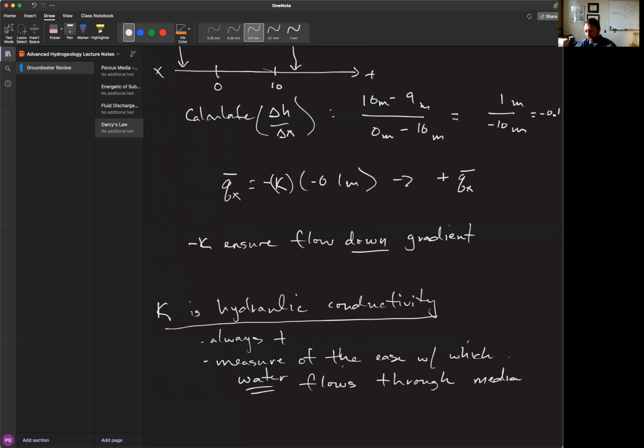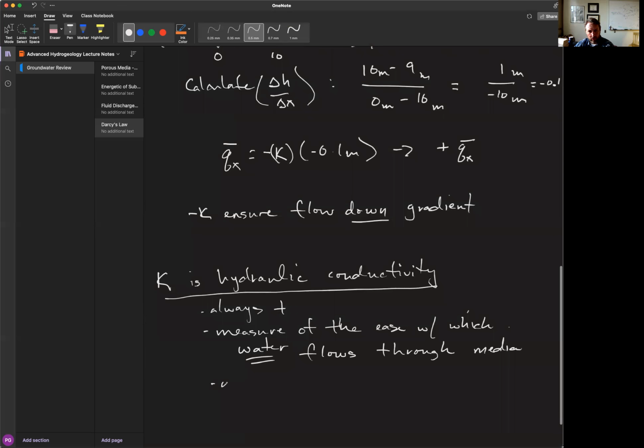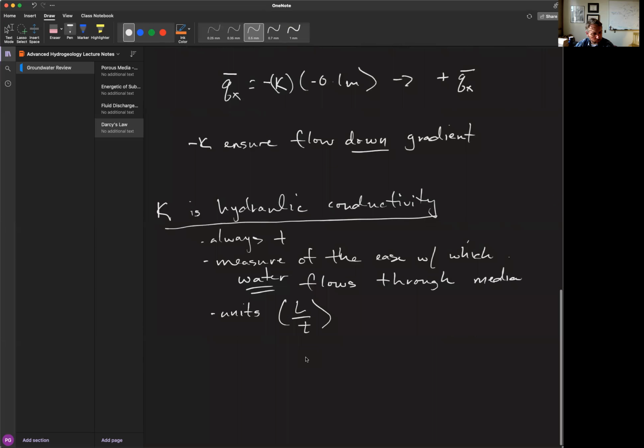Remember, it has units of length over time.